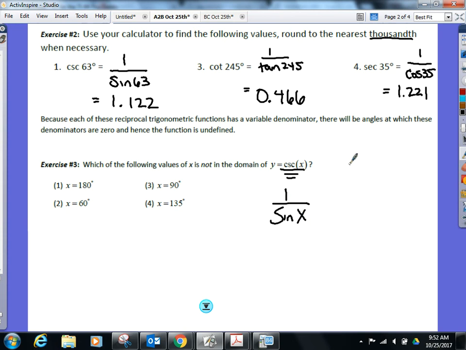And find out which one will be undefined. Ends up being 90 degrees. 180 degrees. Yeah, choice 1.